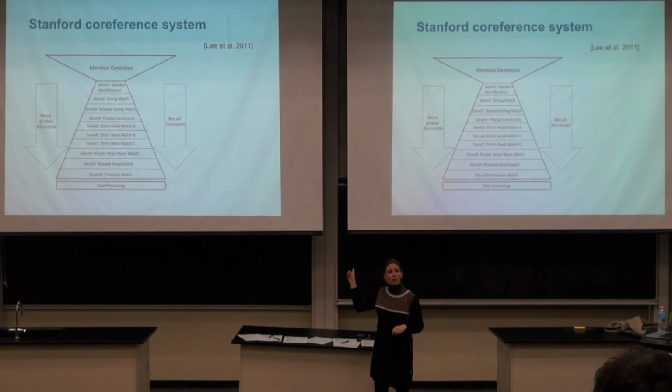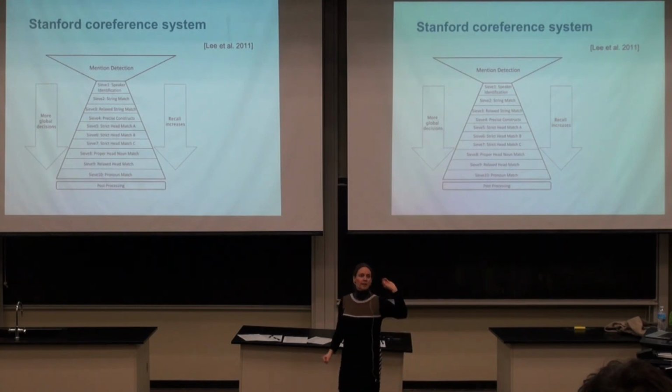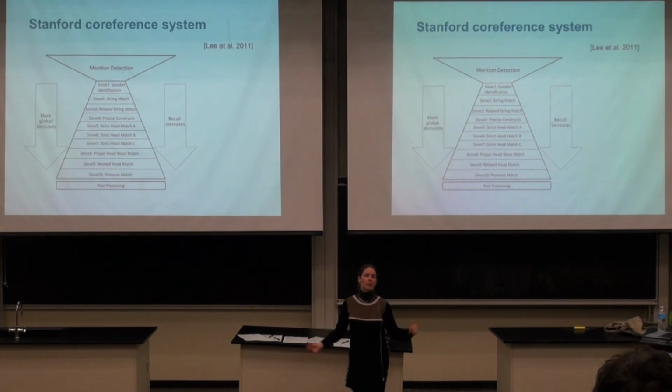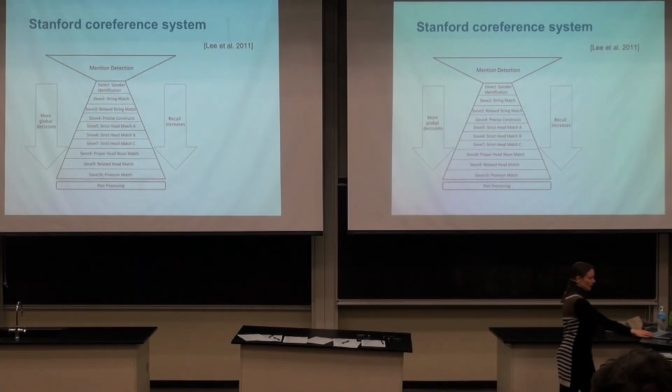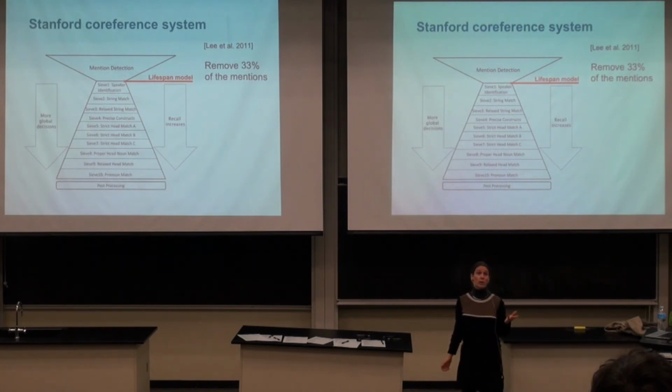Remember, these systems have to cluster together mentions that are coreferent, and they are evaluated on those clusters. If from the start we can say I'm 90% sure that this mention is not coreferent, then we can remove it. If we do that, we remove 33% of the mentions, which is quite a lot.